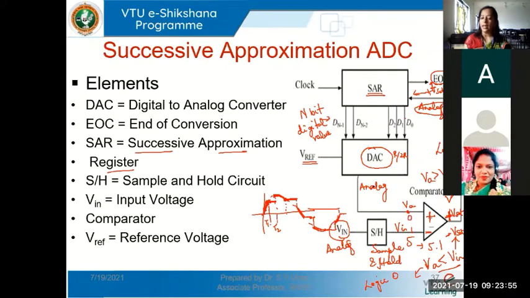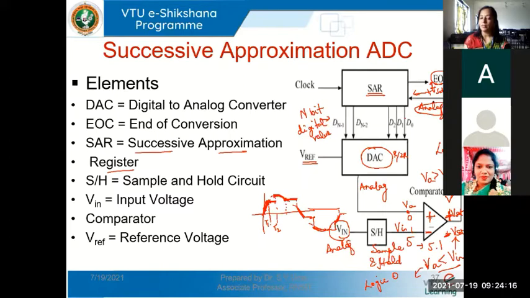There won't be any DAC output when we begin the comparison. So this will be 0. So what will happen? The voltage at the inverting terminal will be greater than voltage at the non-inverting terminal. The output of this comparator will be at minus Vsat or logic 0.